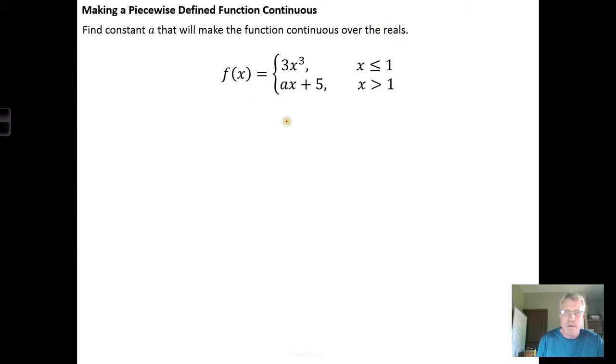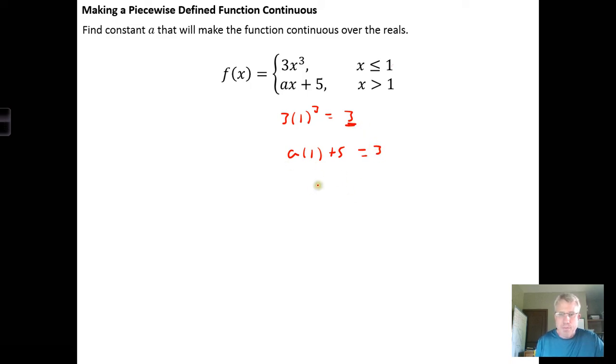So the key is, plug a 1 into this cubing function because we can, and see what the output is going to be. And then, even though we're not supposed to plug 1 into this function, plug a 1 into the linear function and see what value of a will force it to have a matching output at 1.